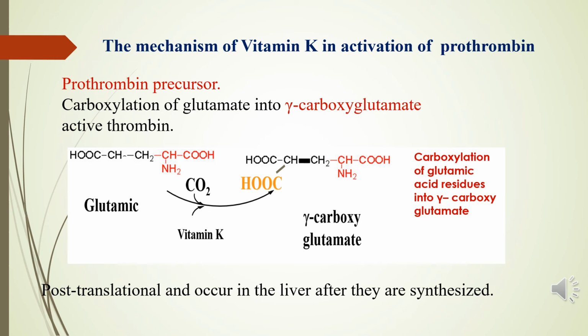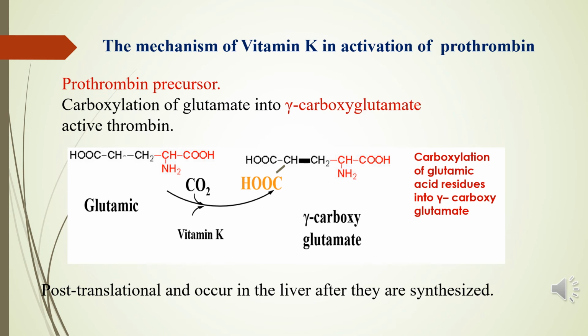The mechanism of vitamin K in activation of prothrombin. As we know, prothrombin is one of the blood clotting factors, and the prothrombin precursor contains 4 to 6 glutamic acid residues.